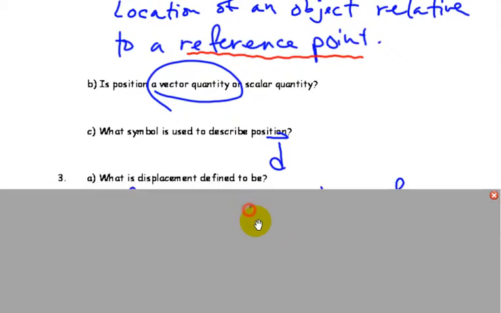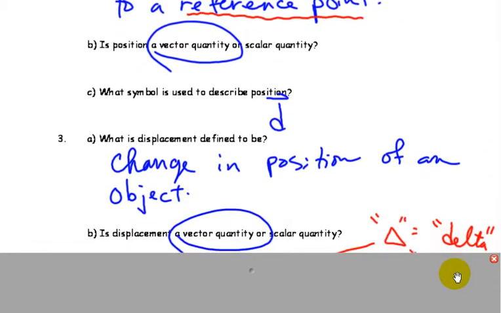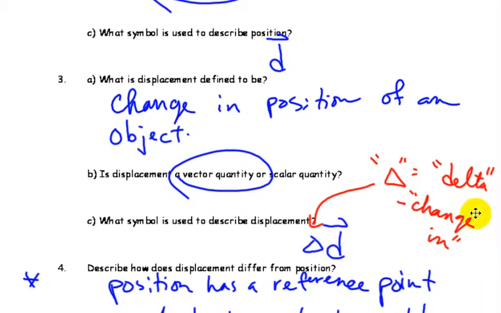And lastly, displacement is the change in position. If you have a position in one area and a change in position in another area, the change in position from one to the other is referred to as displacement. So it is also a vector quantity, and we use the symbol delta d. So the triangle here is actually the Greek symbol delta, which implies change in.